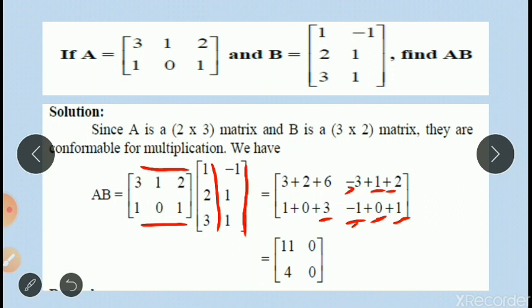Finally, we'll get the product of A into B, that is AB matrix. 3 plus 2 plus 6 is 11, minus 3 plus 1 plus 2, in the sense minus 3 plus 3, that is 0, 1 plus 0 plus 3 is 4, minus 1 plus 1 get cancelled, will get 0.